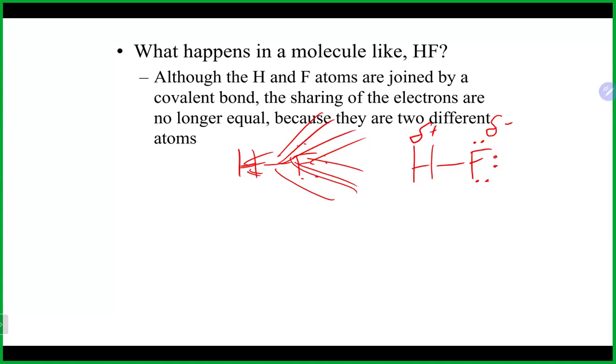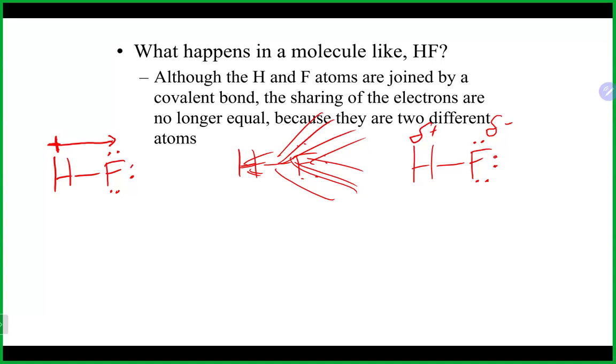We could also represent this with an arrow. In this case, the arrow would point towards the more electronegative atom. The back end of the arrow, which makes a plus sign right about there, points to the positive side of that bond. And the point of the arrow points to the negative side of the bond.